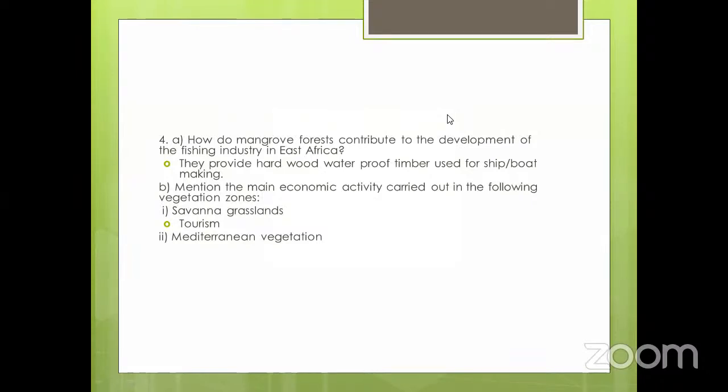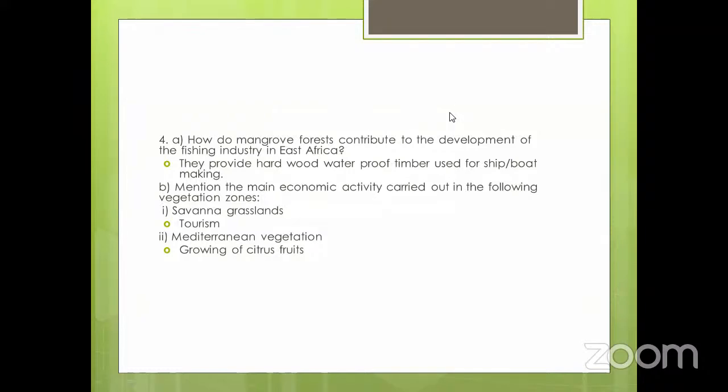Good. Which one is the main economic activity? Fishing. Not really. Good trial. Not really. The main economic activities there. Dan, you can read for us. It is not fishing.